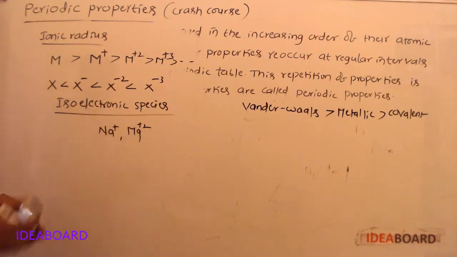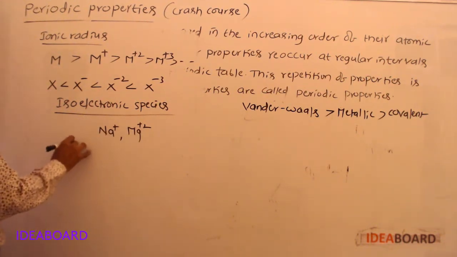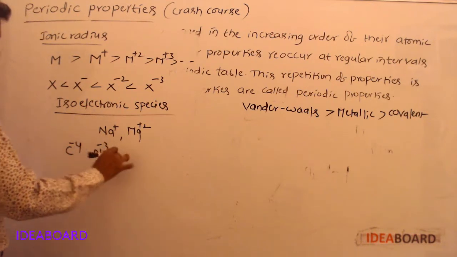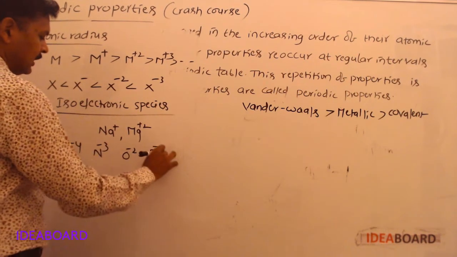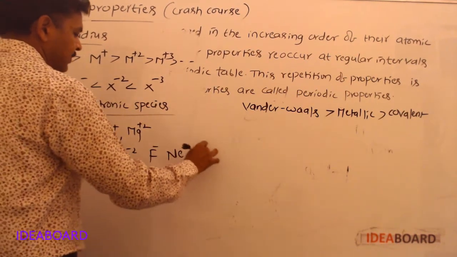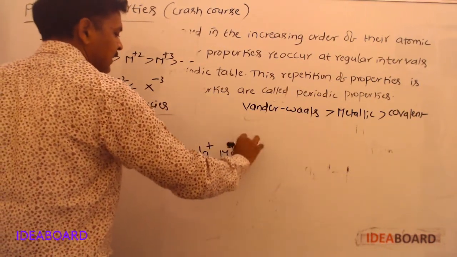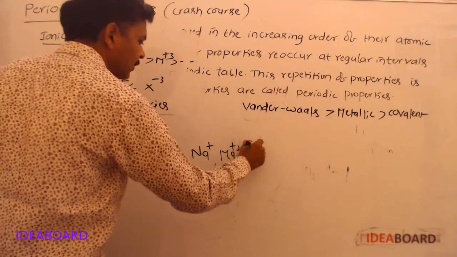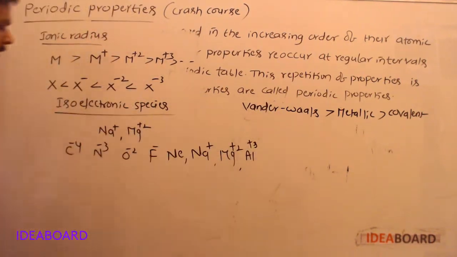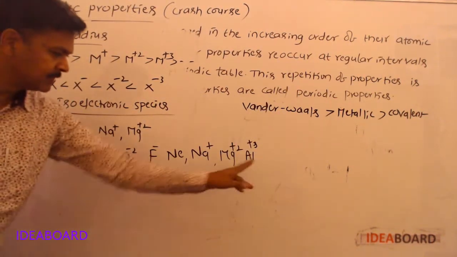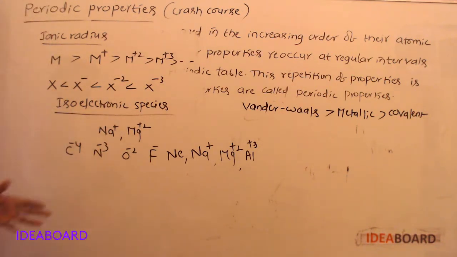So if we take C minus 4, N minus 3, O minus 2, F minus, Ne, Na plus, Mg plus 2, Al plus 3, etc., all these are isoelectronic. All these species contain the same number of electrons, 10 electrons.